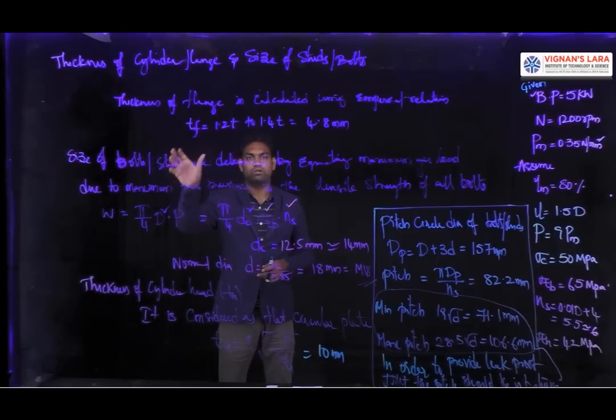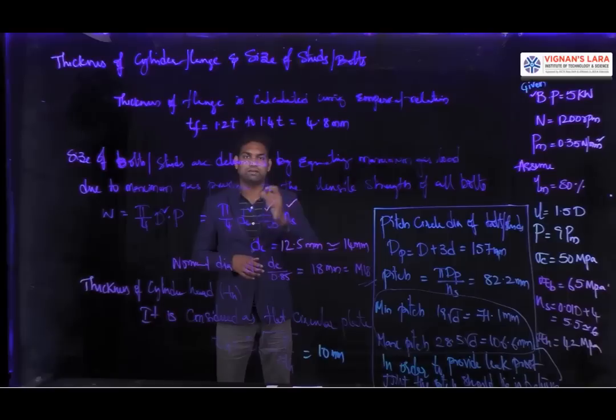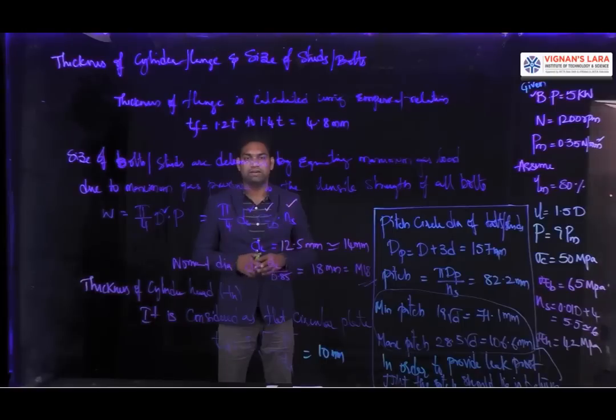The cylinder bore D equal to 115 mm, length of cylinder L equal to 200 mm, thickness of wall T equal to 4 mm, thickness of liner 4 mm, thickness of water jacket 5.8 mm, thickness of water space 12 mm, thickness of flange 4.8 mm, then nominal diameter of bolts is 18 mm, thickness of cylinder head 10 mm, and finally the pitch circle and the pitch values you can mention clearly in a tabulated form, so that it will give a clear idea regarding the design.